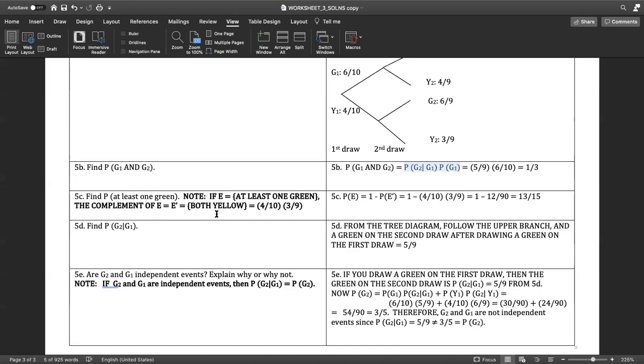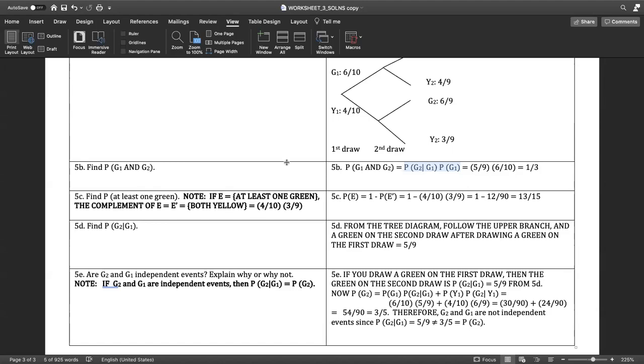That would give you at least 1 green. The complement of that event is that they're both yellow. You got a yellow on the first draw and a yellow on the second draw. Any other outcome of the 2 draws would result in either 1 green or 2 greens.